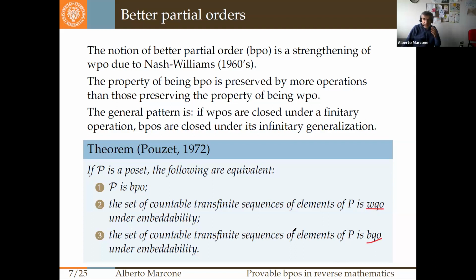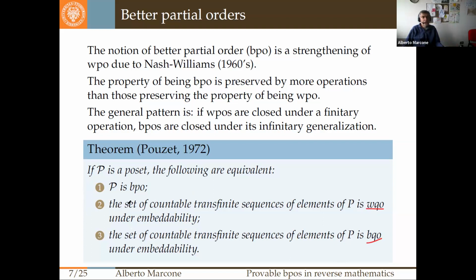So essentially the equivalence of 1 and 3 is the closure of better partial orders under forming these countably transfinite sequences, while the equivalence between 1 and 2, if you want, you can take it as a definition of better partial order because it's not self-referential.